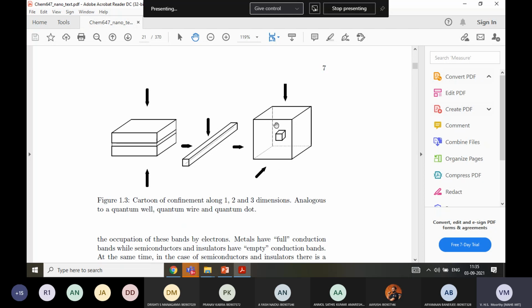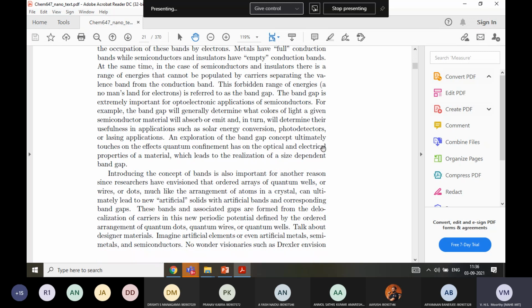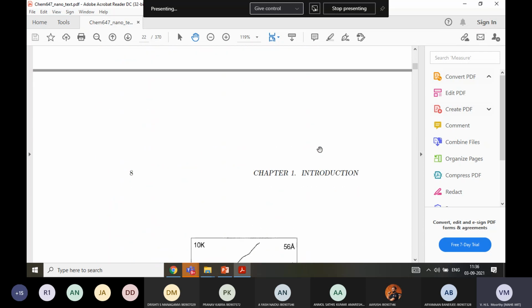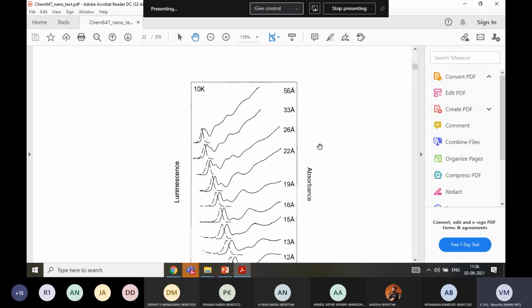Any of these three we require to prepare, because only then does the material behave according to quantum mechanical rules. Otherwise, at best it's a micro material which doesn't have any quantum mechanical behavior. It's very important to understand what is meant by low dimensional system.